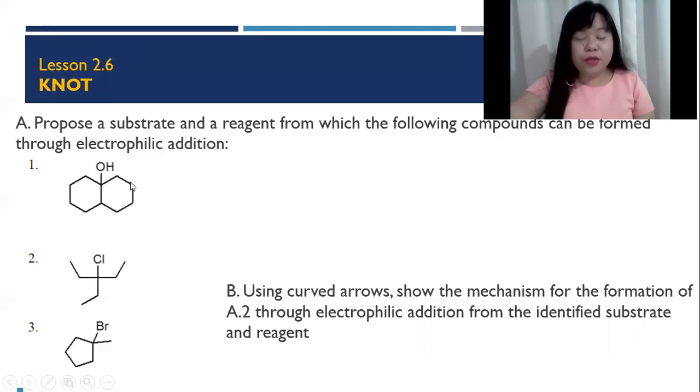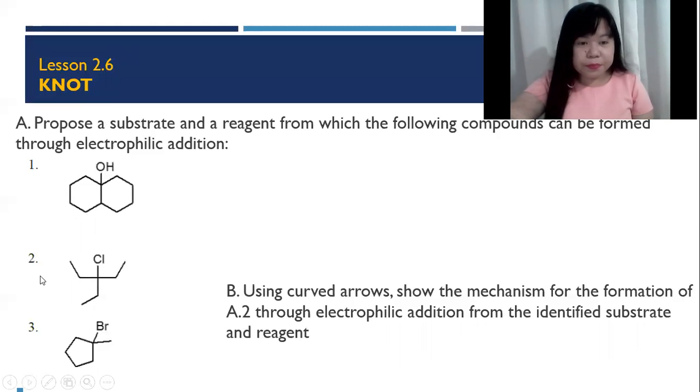So I will leave it to you to decide which starting substrate is best. You can have the double bond here or here or here. But one of them would result in just one possible product, and that would be the best substrate to start the reaction with.